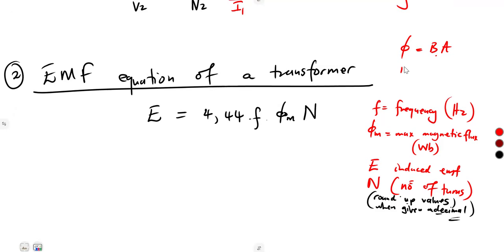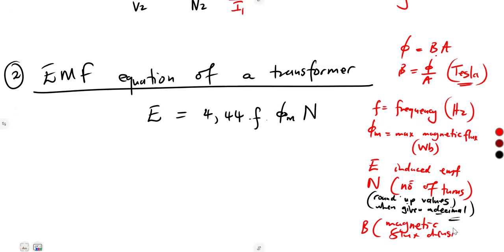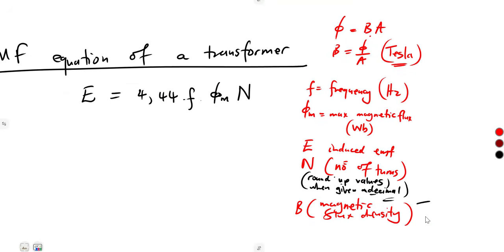So magnetic flux density can be calculated as flux over area, which is measured in Tesla. Magnetic flux density, in Tesla.